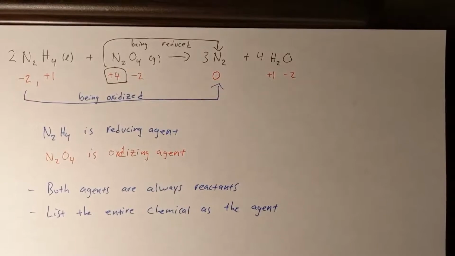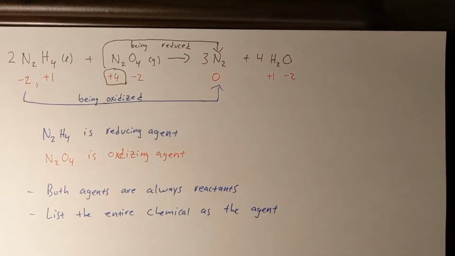These are both two big things where mistakes get made. The agent is always a reactant and always list the entire chemical as the agent.